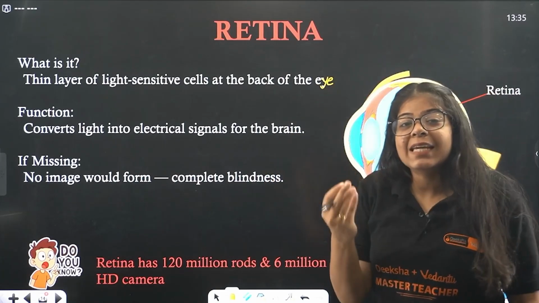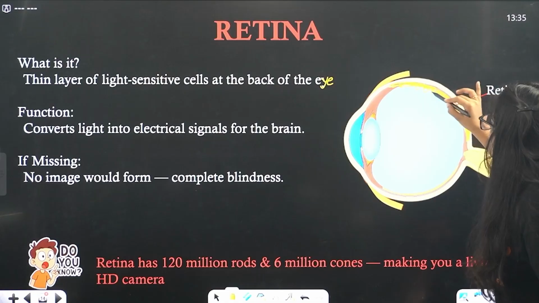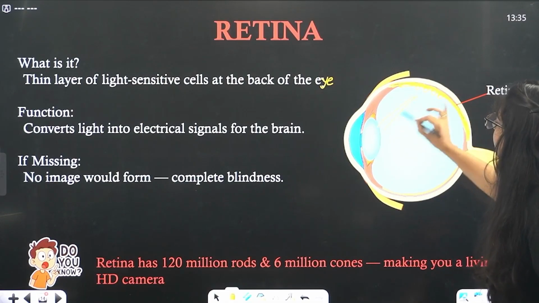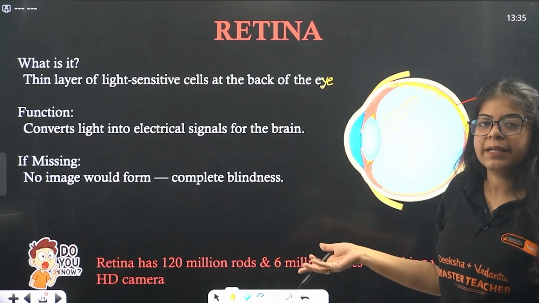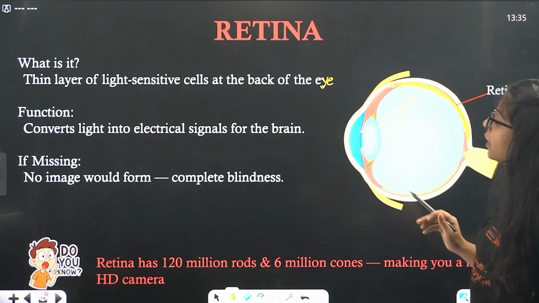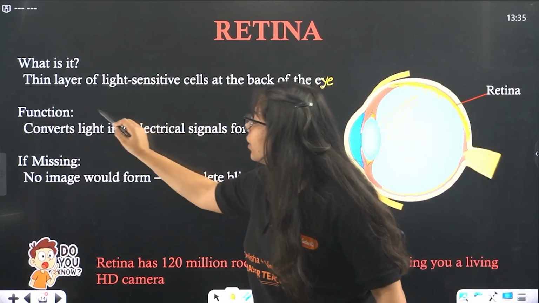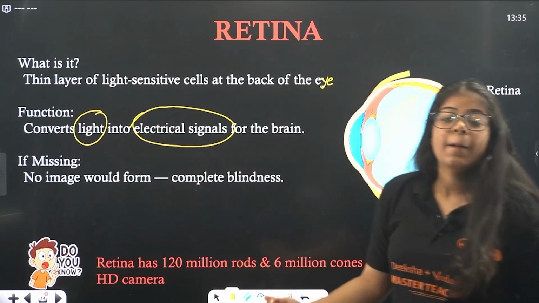So these cells convert light signals. Here you are getting light rays, but your brain will not understand light rays, right? So these cells convert light into electrical signals for the brain.